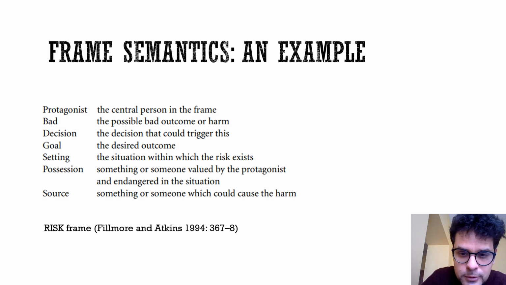Whenever we're talking about risk, we are evoking in our mind a set of related notions, such as the presence of a protagonist, of a bad outcome, of a decision that needs to be taken, of a goal, optionally of a setting, and also possession and source.